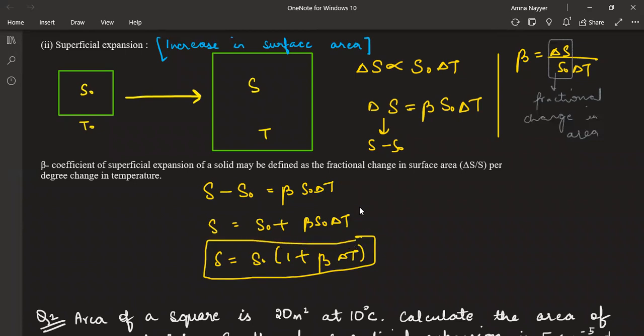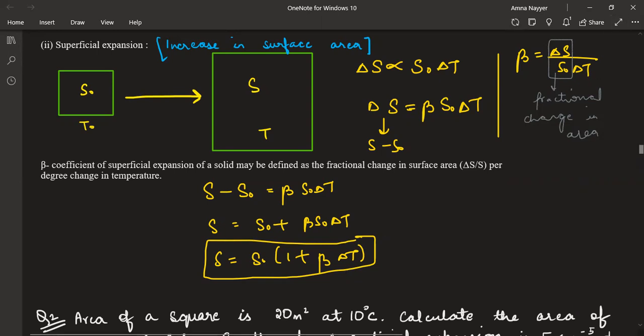This is the complete formula. S is the new surface area, S naught is the original surface area, beta is the coefficient of superficial expansion. This is not the coefficient of linear expansion. Coefficient of linear expansion was alpha. This is the coefficient of superficial expansion, and delta T is the change in temperature.